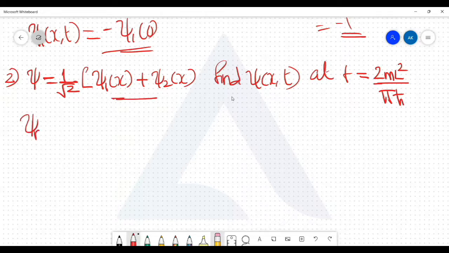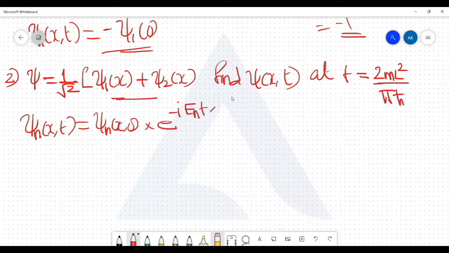Okay, so again our formula: psi n of x,t equal to psi n of x naught into e raised to minus i E n t by h cross. Here you have two terms, psi 1 and psi 2.